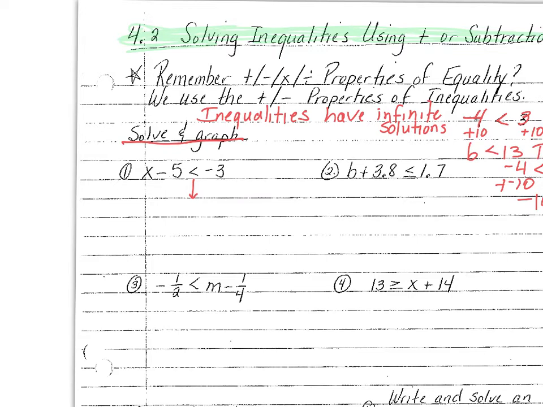We are going to do the opposite, so we are going to add 5 to both sides. X minus 5 plus 5, do they cancel? Yep, and we're left with x here. You drop down the inequality. Is less than negative 3 plus 5 is 2.